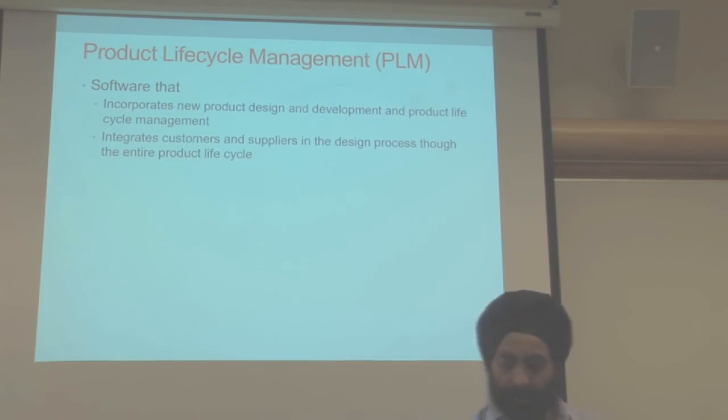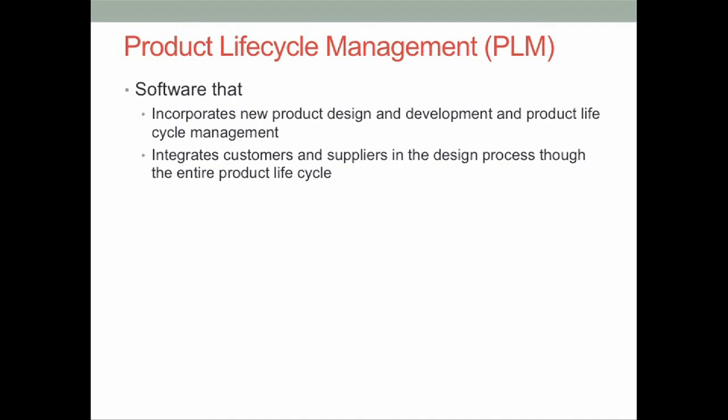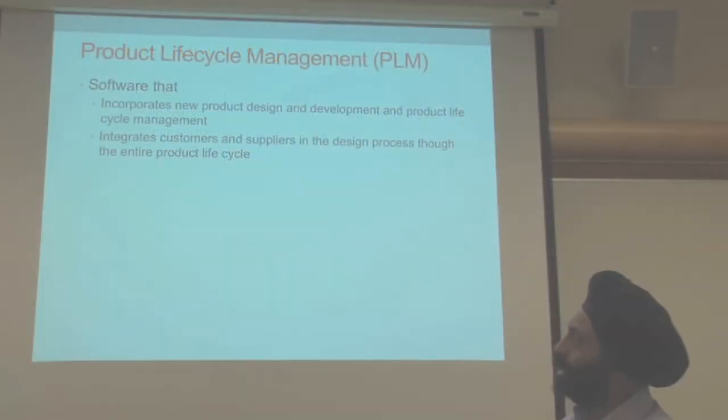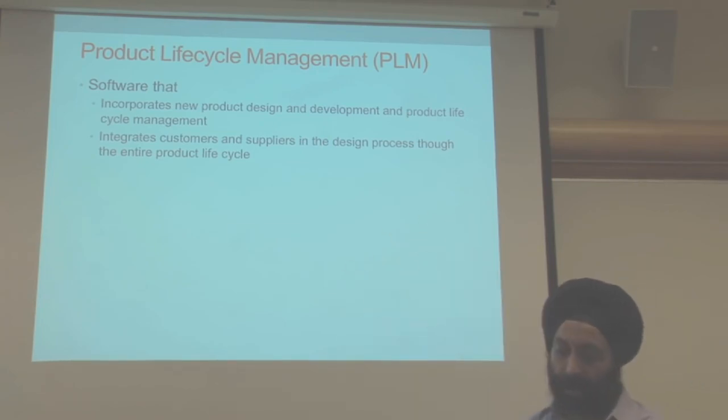And another aspect of this is product lifecycle management, software that incorporates new product design and development into the whole mix, integrating customers and suppliers in the design process through the entire product lifecycle.